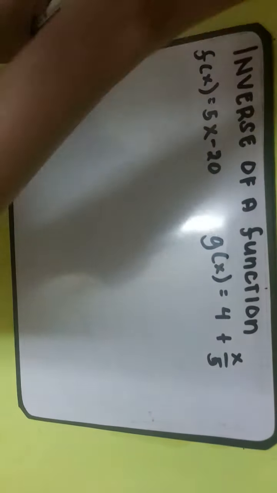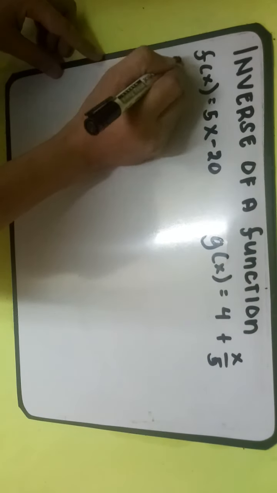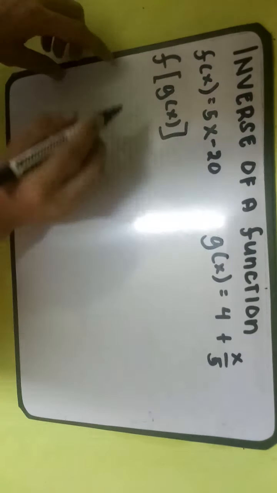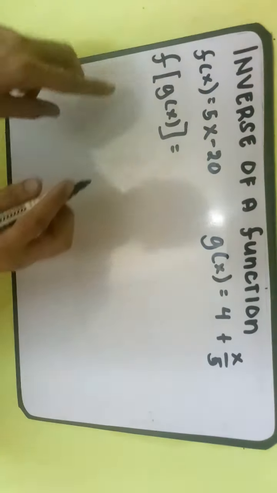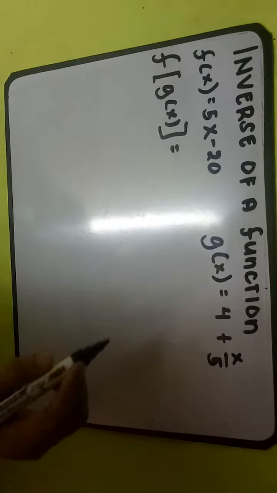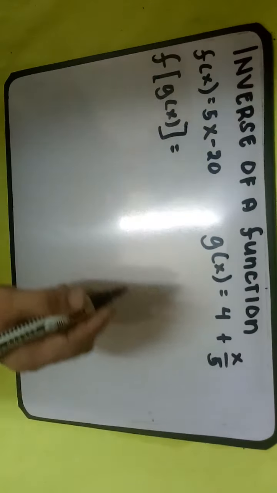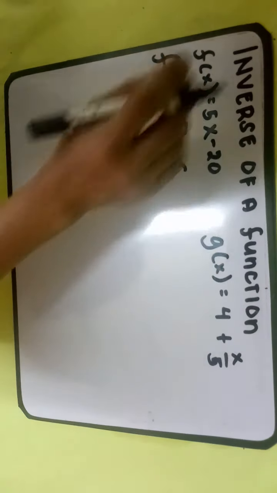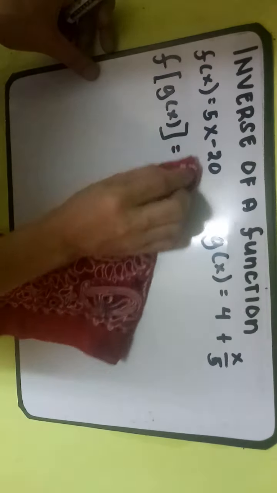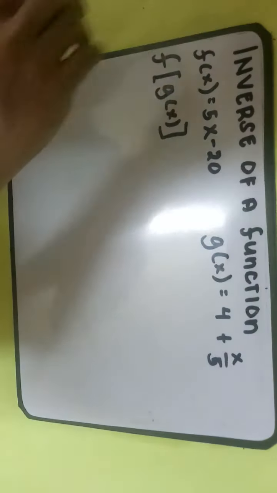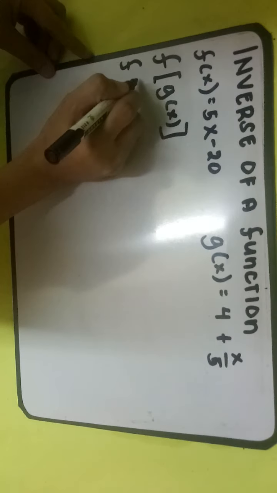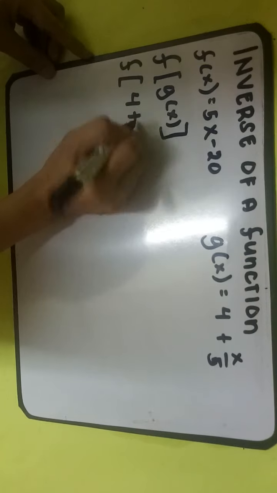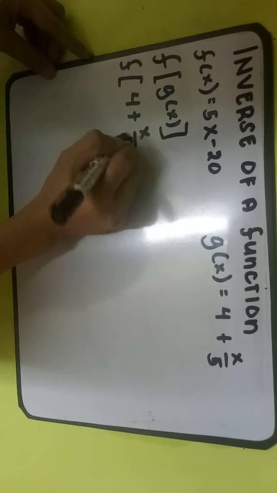Technique lang doon, magkakasunod lang siya: f, and then g, and then x. So una, substitute natin yung value ni g of x, which is 4 plus x over 5. So magiging f, lagyan na lang natin dito sa baba. Instead of g of x, papalitan natin ng f of 4 plus x over 5.